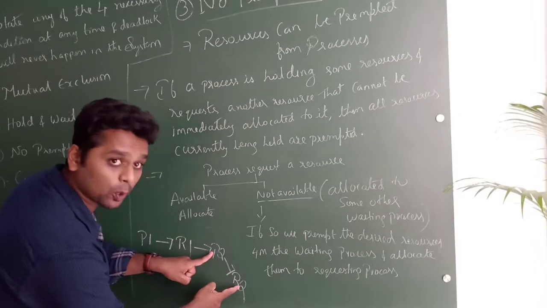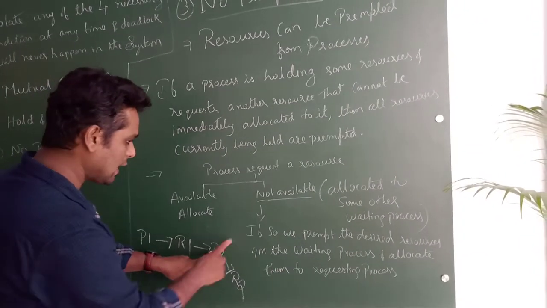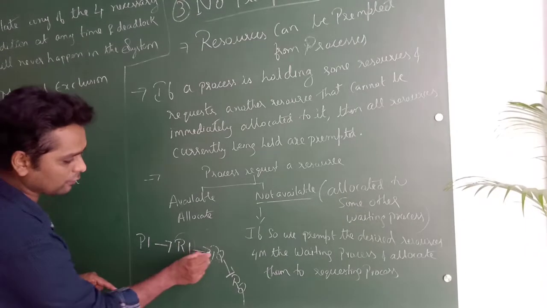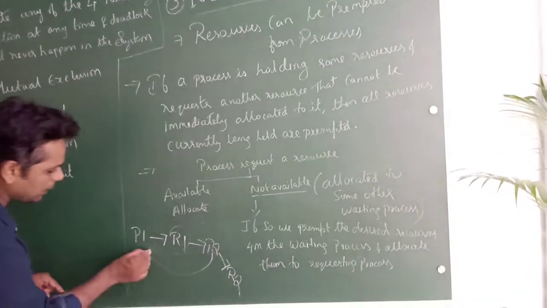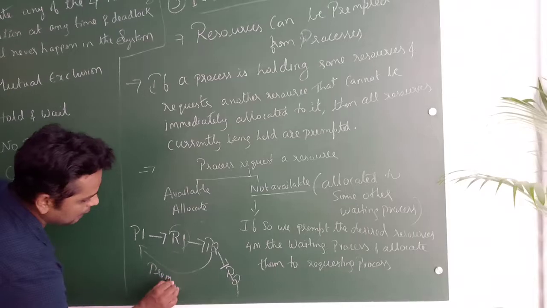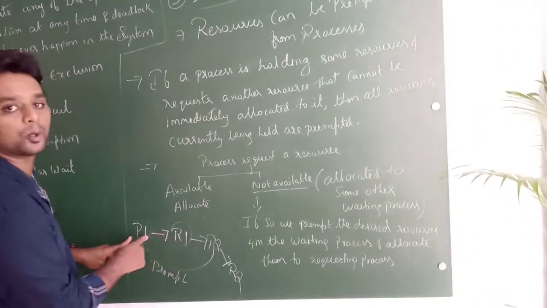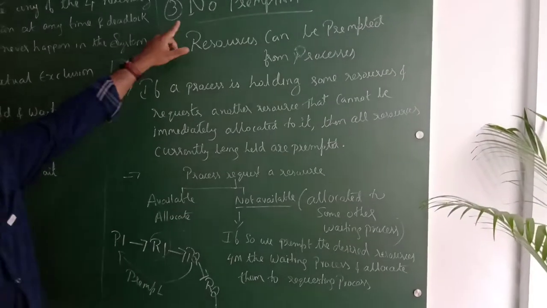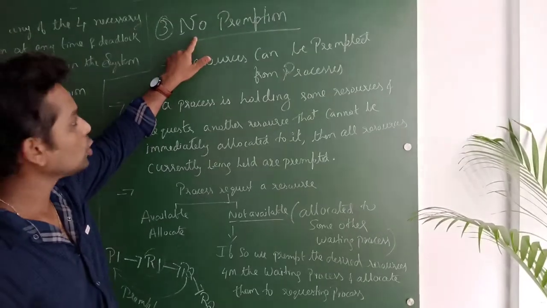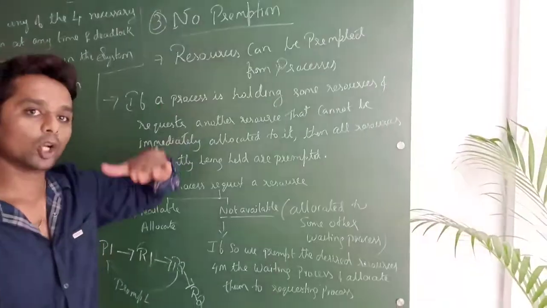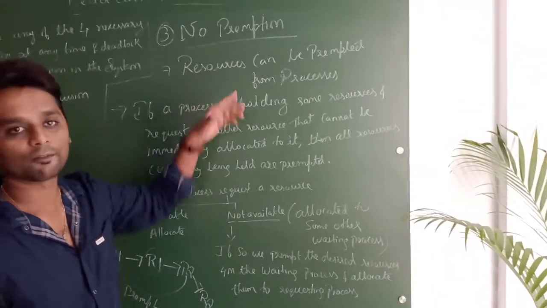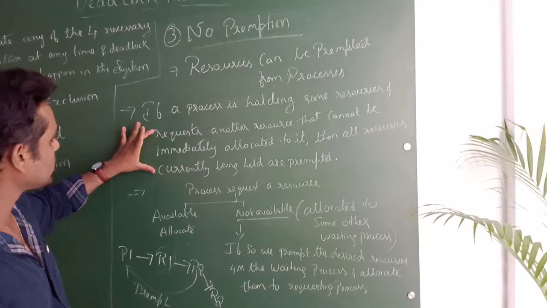At that time, we can preempt the desired resources from the waiting process and give them to the requesting process. That is how we ensure that the no preemption condition does not hold. So you need to preempt the resources from the process.